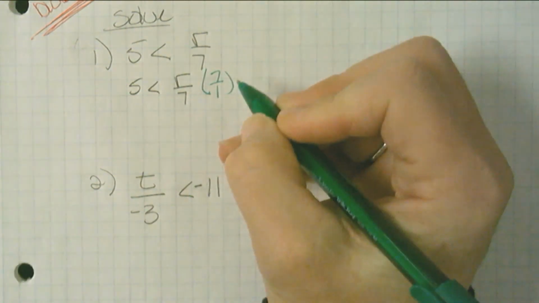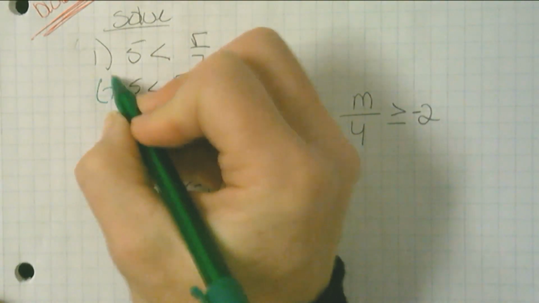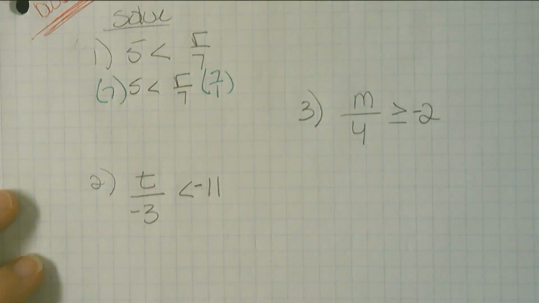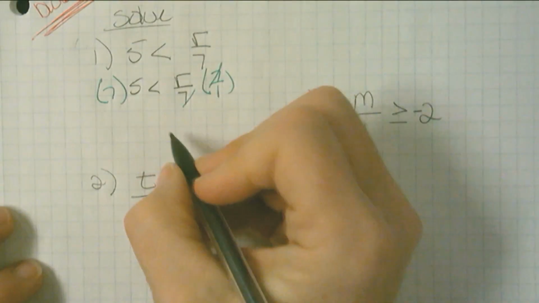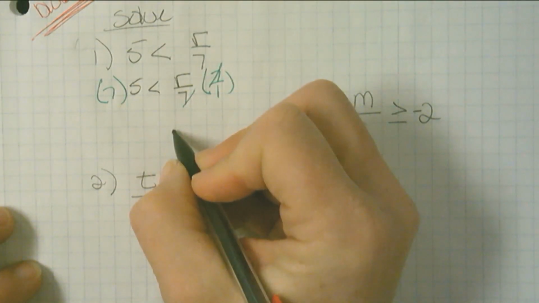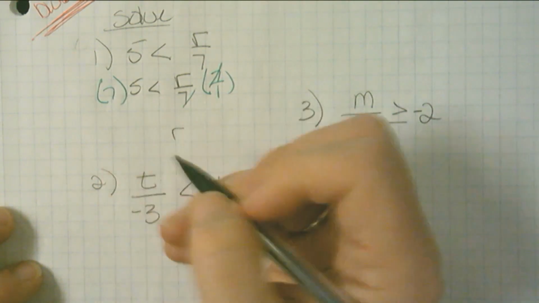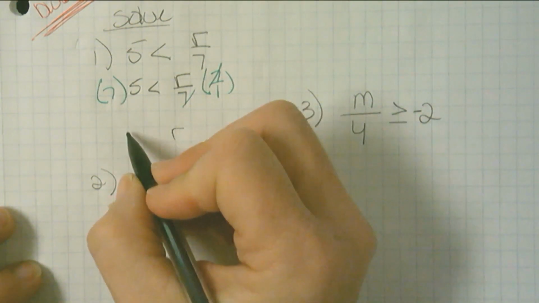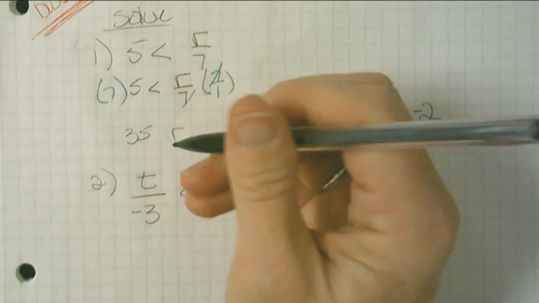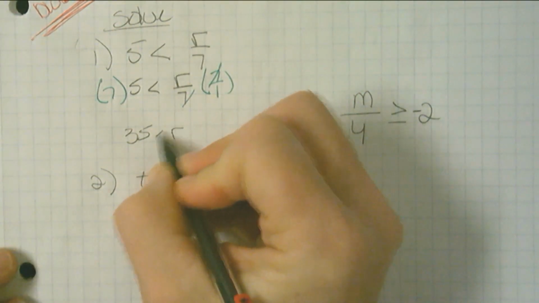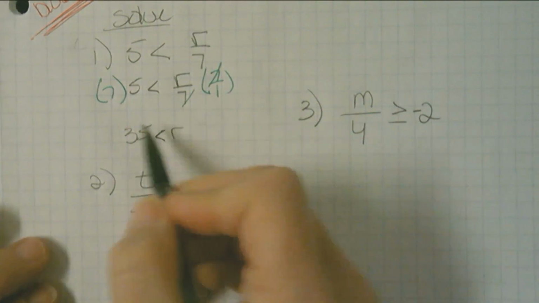So I'm going to multiply by 7 over 1. How about on the other side? Excellent. And then what about my inequality symbol? Does it stay the same or do I flip it? Why? Excellent. Nice job.